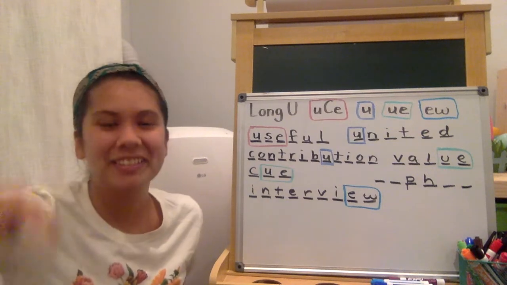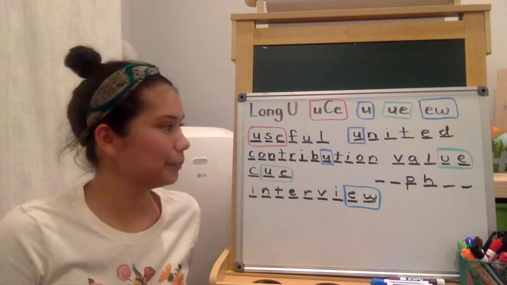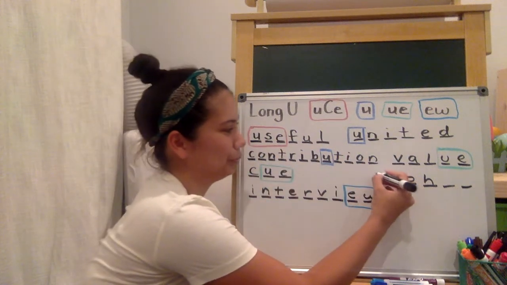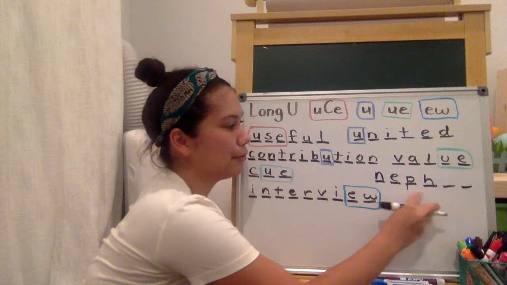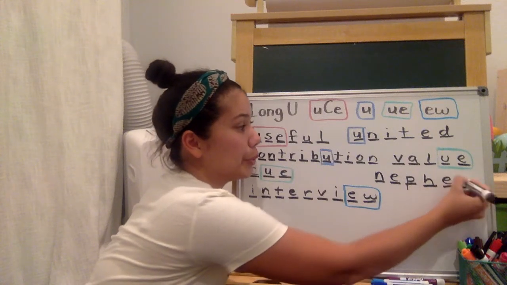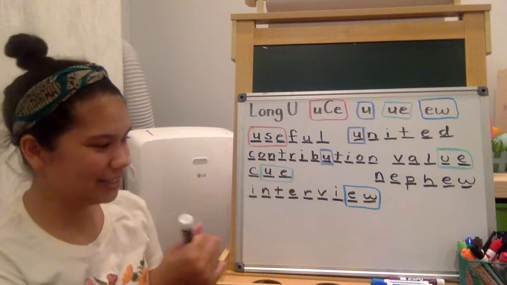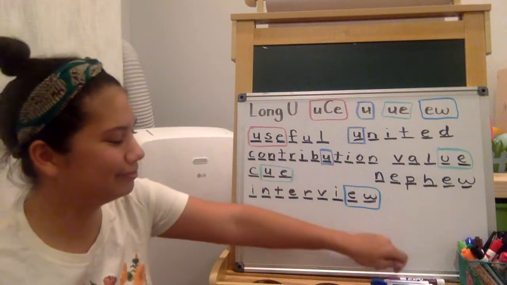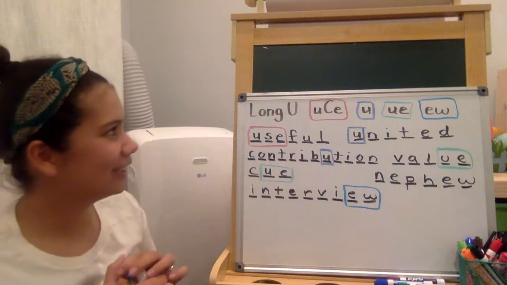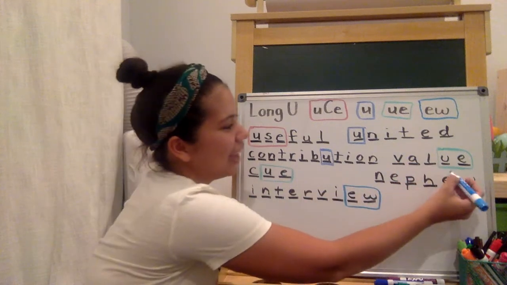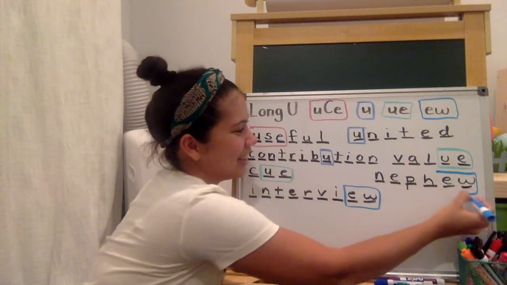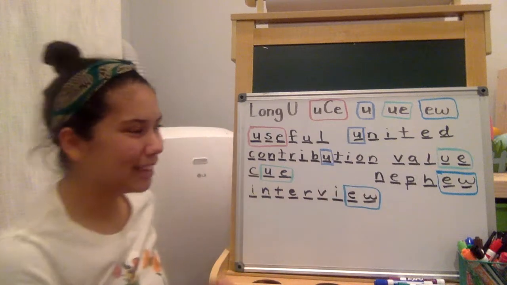Not your uncle's son, your sibling's son. Wow. Okay, nephew. N-E-P-H-E-W. There's that E-W making the U sound at the end. Nephew. Oh, goodness. Okay, go ahead and box or circle that E-W. Nephew.